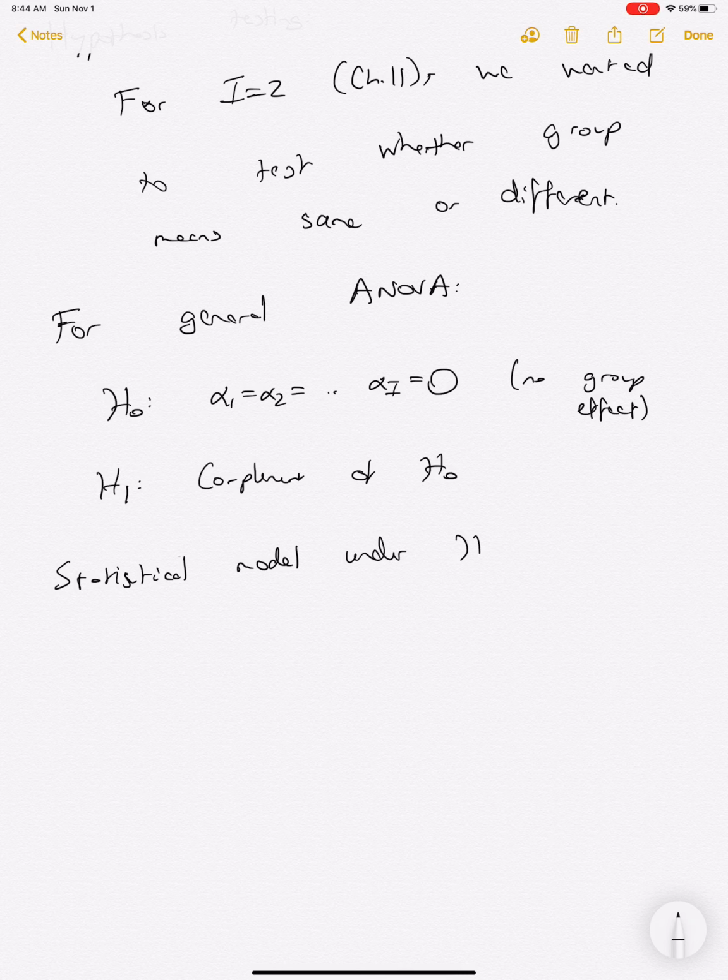So the statistical model under H naught is Yij equals mu plus epsilon ij.